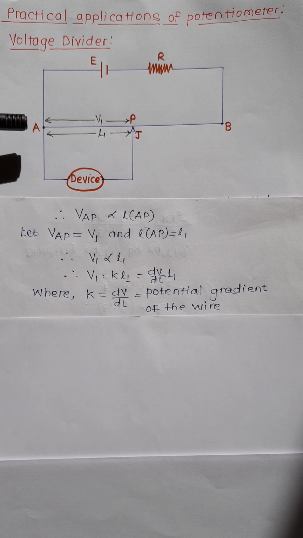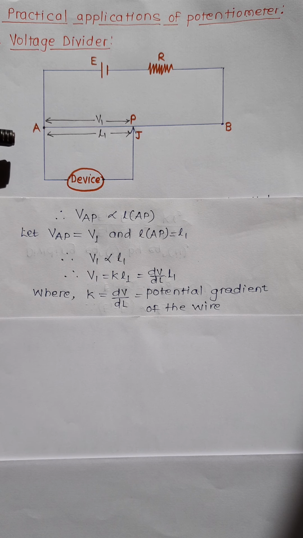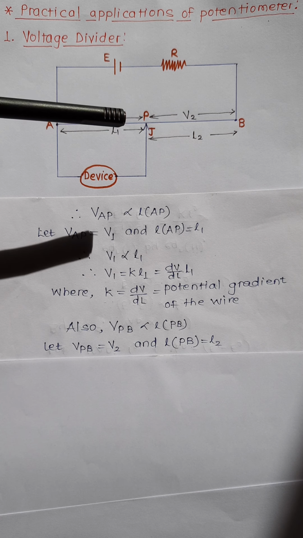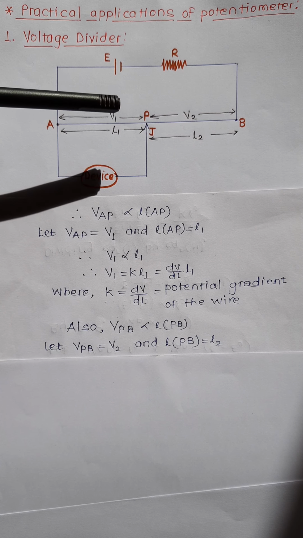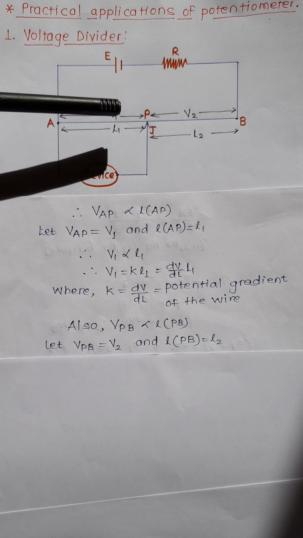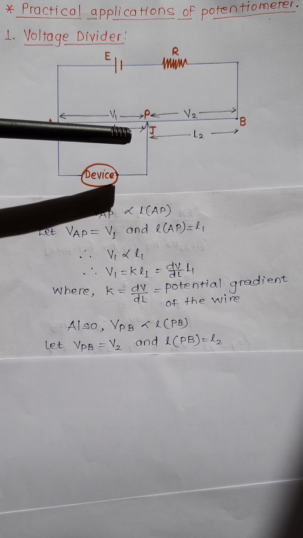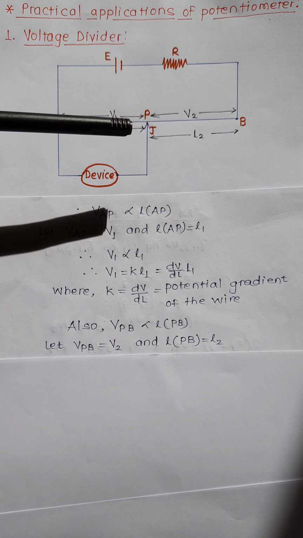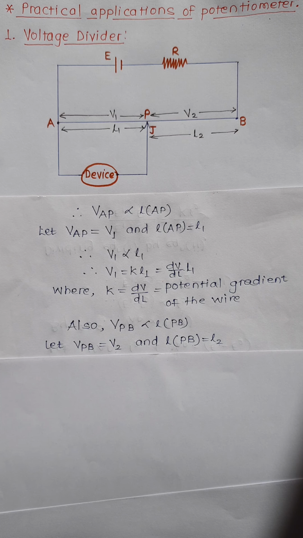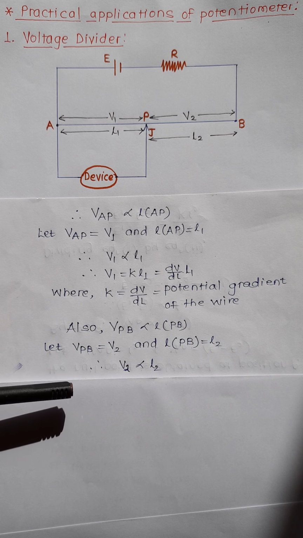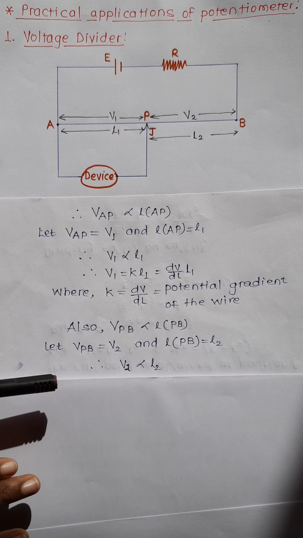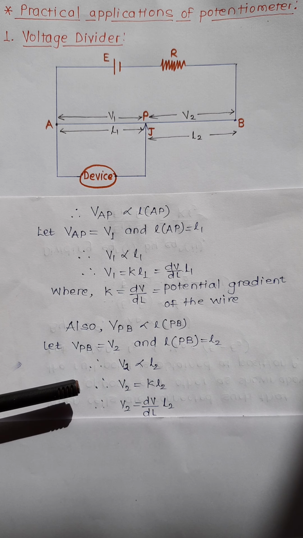In this circuit also we have shown V1, the potential difference between points AP, and L1, the length of the wire between points AP. Now let V2 be the potential difference of the wire between points P and B and L2 is the length of wire between points P and B. Therefore, by the principle of potentiometer, V2 is directly proportional to L2.